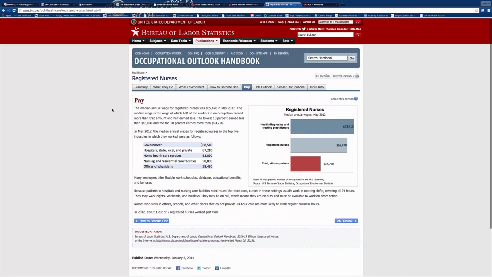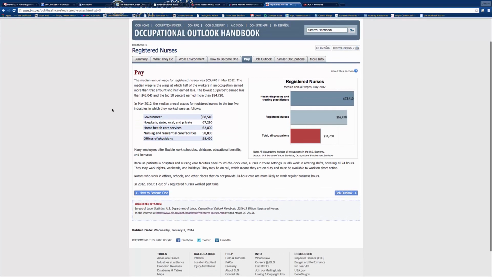Students are often interested in the amount of pay that goes along with the occupations that they're pursuing. So again, it's going to give them an idea of the breakdown of what that pay is going to look like. I often tell students to really be realistic. So if you know that $65,000 is the median pay, remember that's median pay, not starting pay.